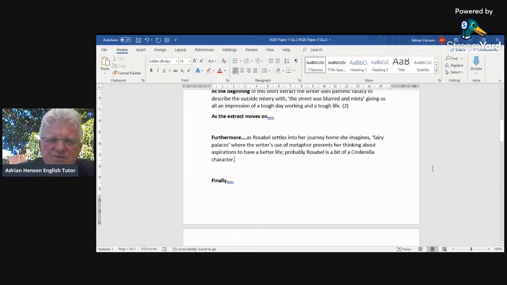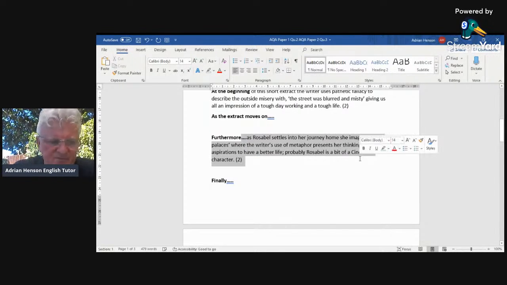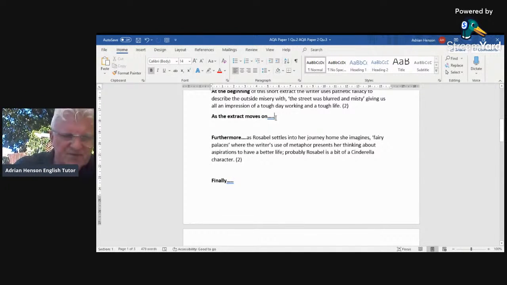So what we're trying to do is create again an impact, and again I would imagine that would get 2 marks because I've identified the technique, I've shown what this creates in our minds, and then the impact. And then we go to, so that would be as the extract moves on. So I put that in the wrong one. So that should be, as the extract moves on, it should go there.